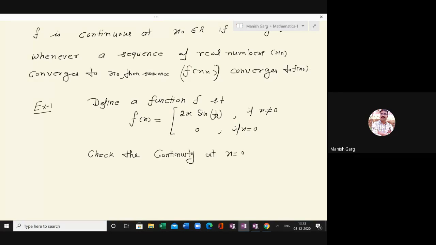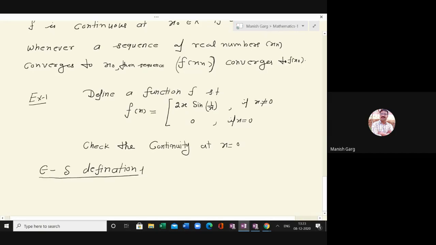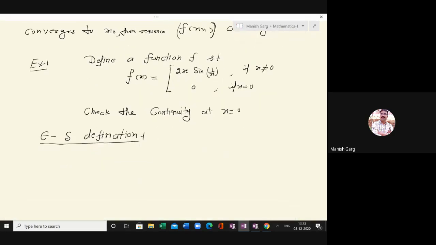So now first I am solving by the epsilon delta definition. After that I will check by the sequential one. Let epsilon be greater than 0 be given.